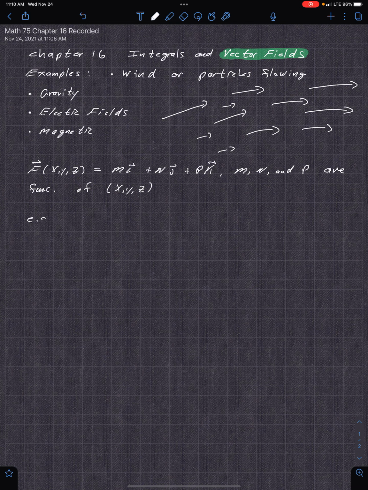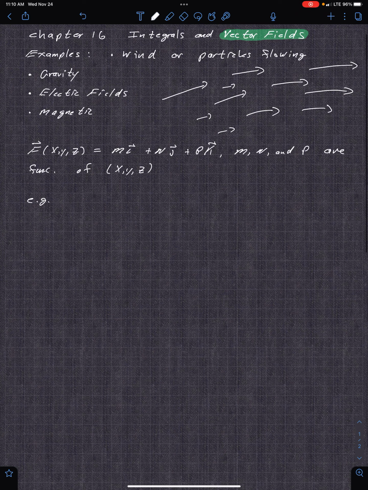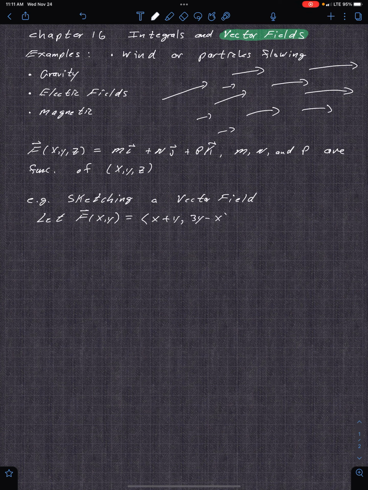Okay, let's look at this. So for example, sketching vector fields. Just a simple case of what it might look like. Suppose you have this one, in 2D. Let capital F of x, y equal x plus y, 3y minus x.